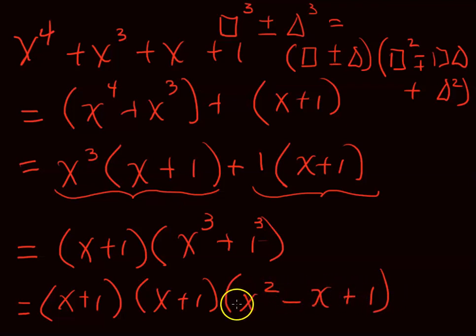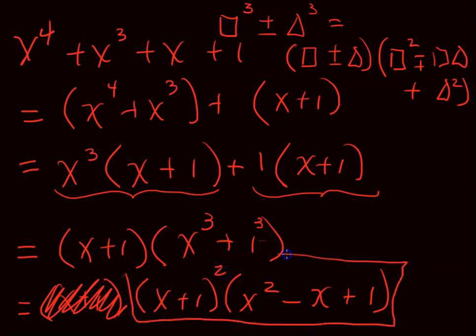You can try, but I've never found one from any textbook that factors after you use this sum or difference of two cubes. So, since I've run out of room, I guess we could say this is going to be x plus 1 squared times x squared minus x plus 1.